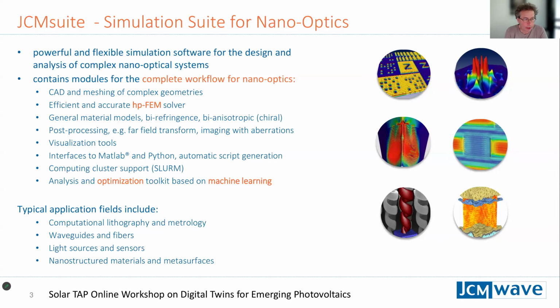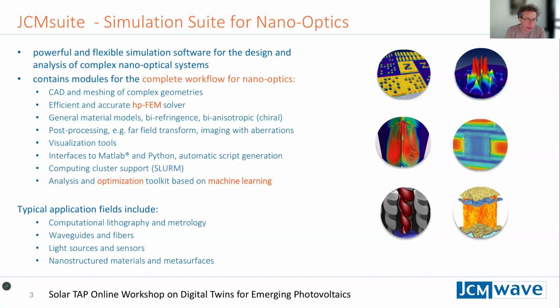Then the solutions can be visualized with our tools. We have also interfaces to MATLAB and Python and can use that for automatic script generation, for efficient optimization or analysis. There are also interfaces to C, so you can implement the solver into other frameworks, so that it's ideally suited also for digital twins, like here in this SolarTAP project.